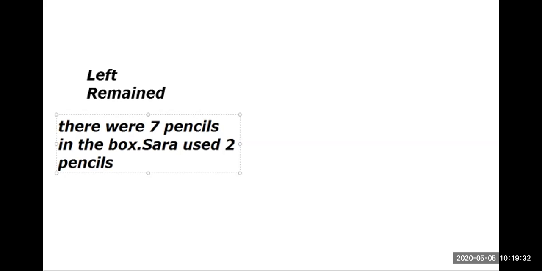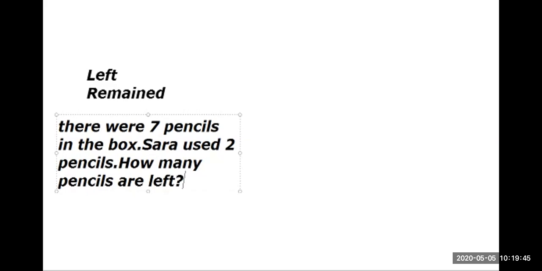Sarah used 2 pencils. How many pencils are left? This is your subtraction story, and in this some information is given which we will underline.